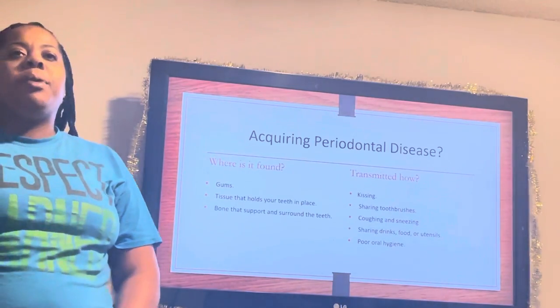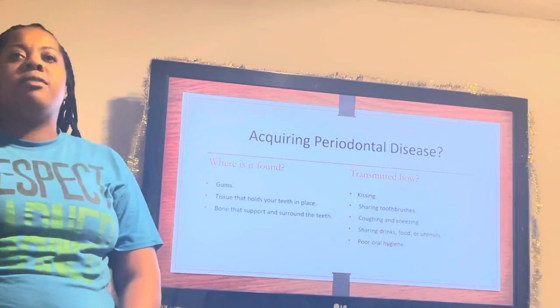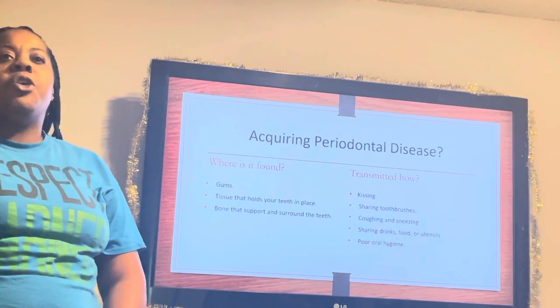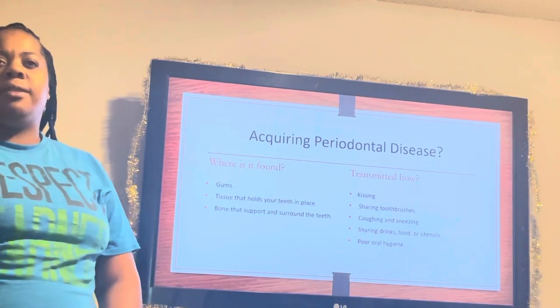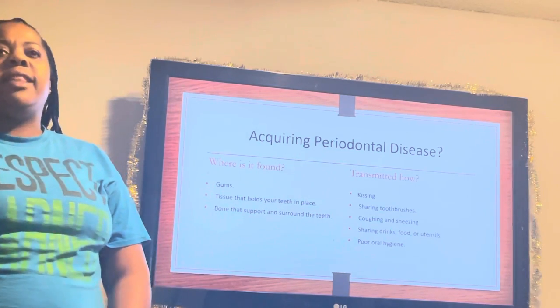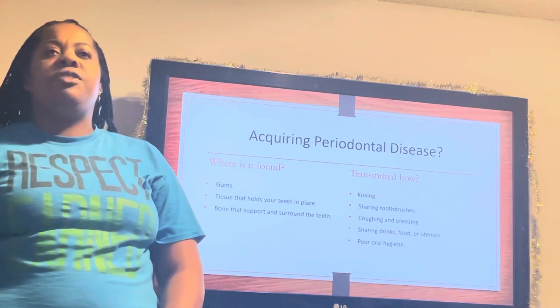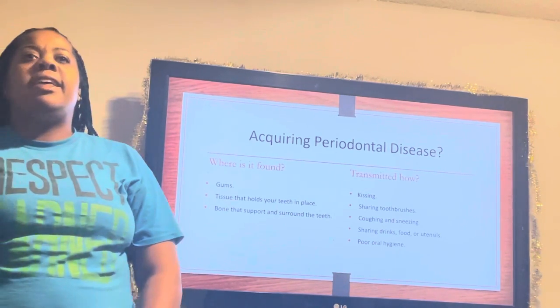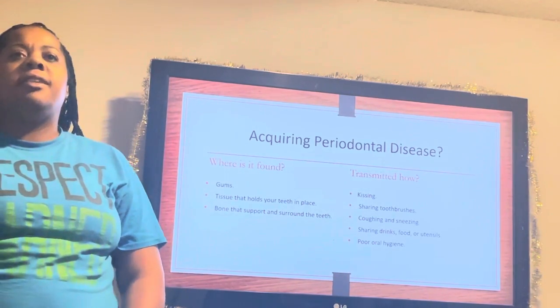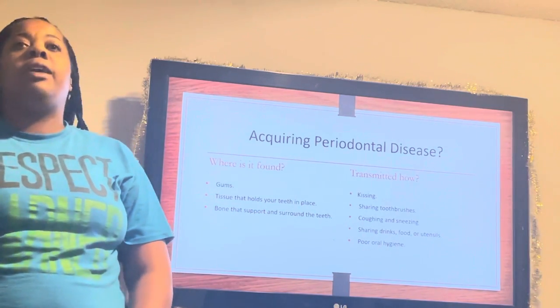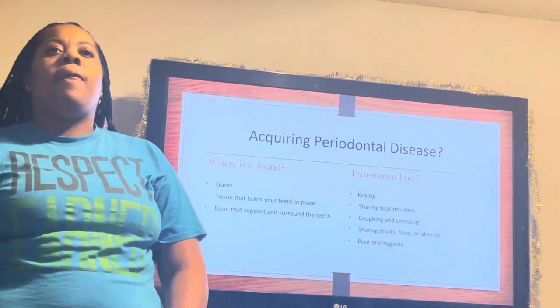When inquiring about PD, you'll have to take a few things into consideration: where it's found and how it's transmitted. We must understand that PD is initiated by specific invasive oral pathogens that colonize dental plaque, the biofilms on the tooth surfaces.